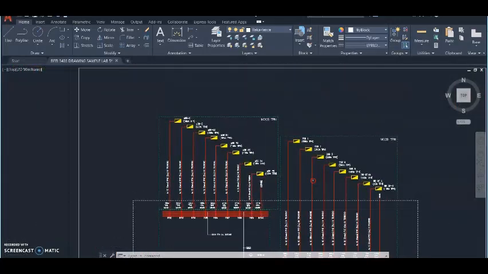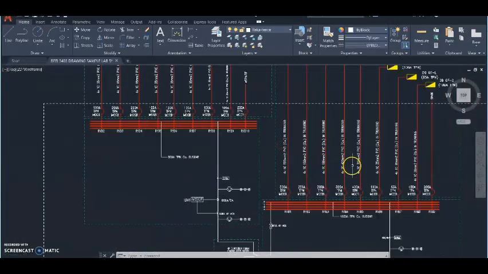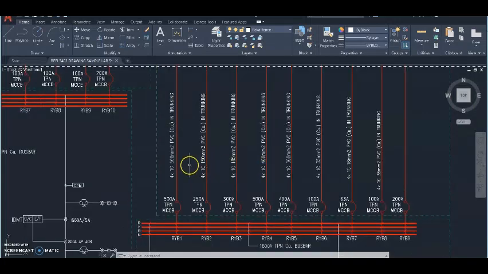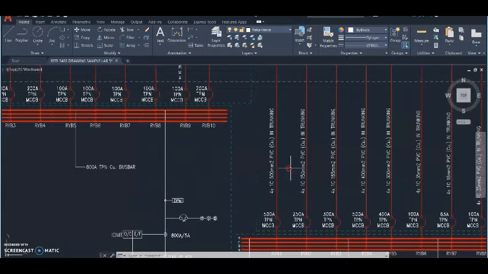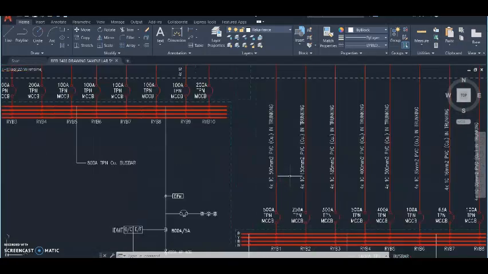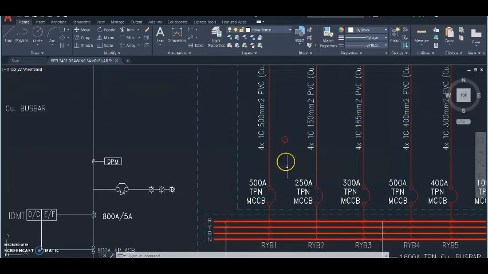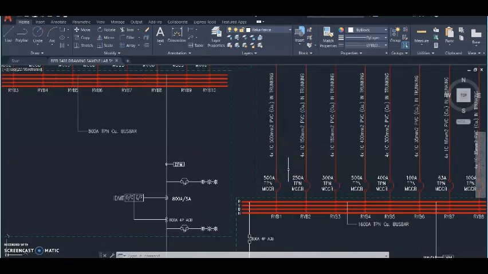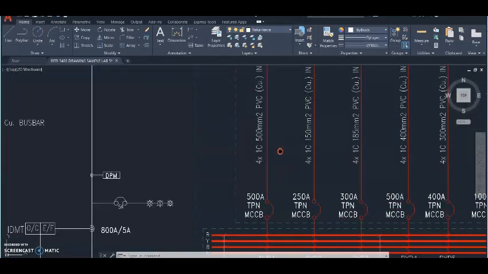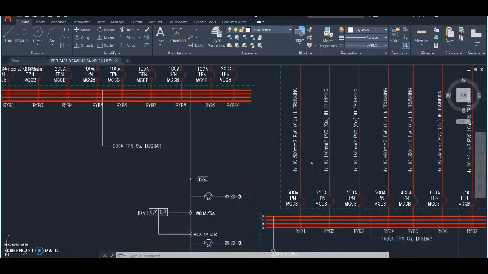As you can see, the size of the cable is mostly different from each other. So how to determine this cable size is we have to use a rule that states that IZ must be greater than IN.